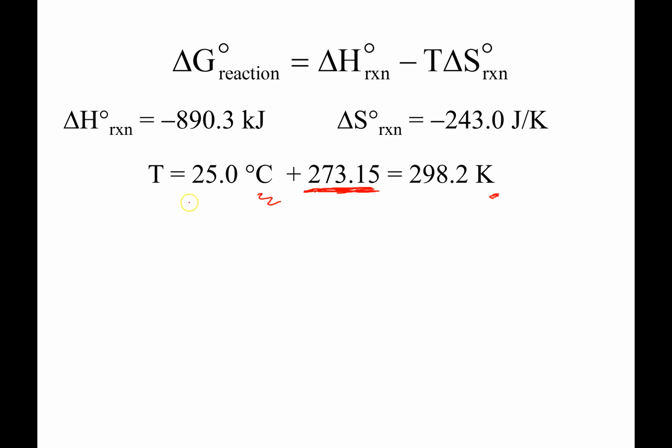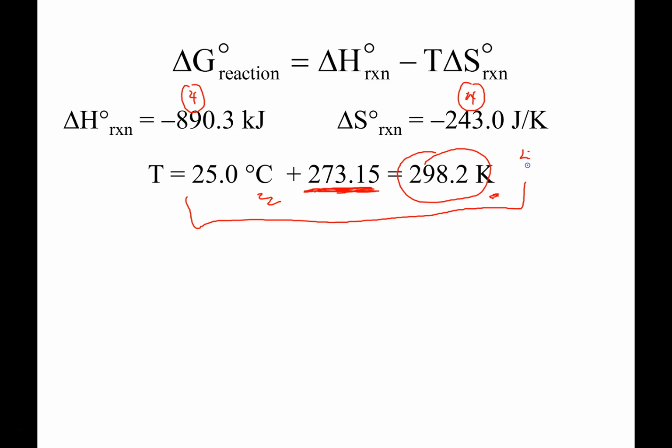You never want to do a little tiny problem like this and end up with a temperature that's going to limit your rounding. Up here, I'm liking 4 sig figs here, 4 sig figs here. So we need to have at least 4 sig figs here.